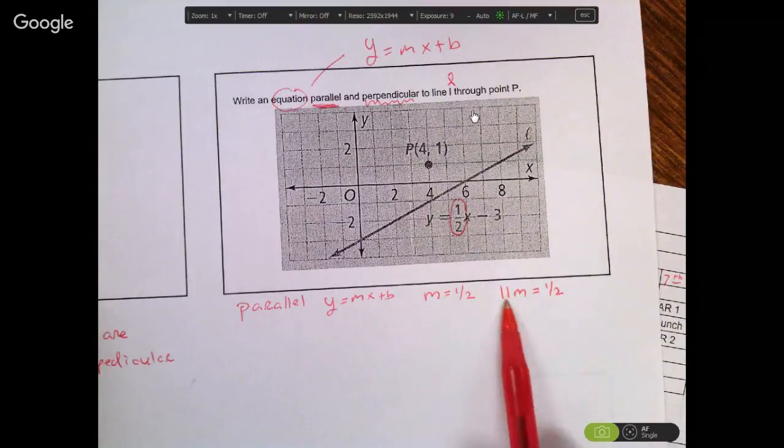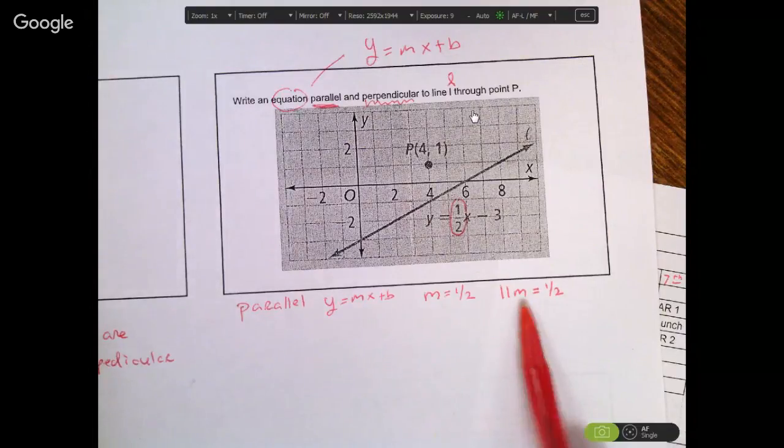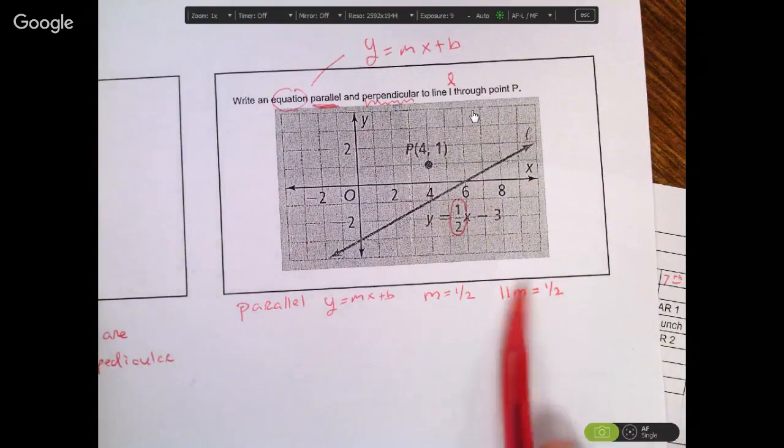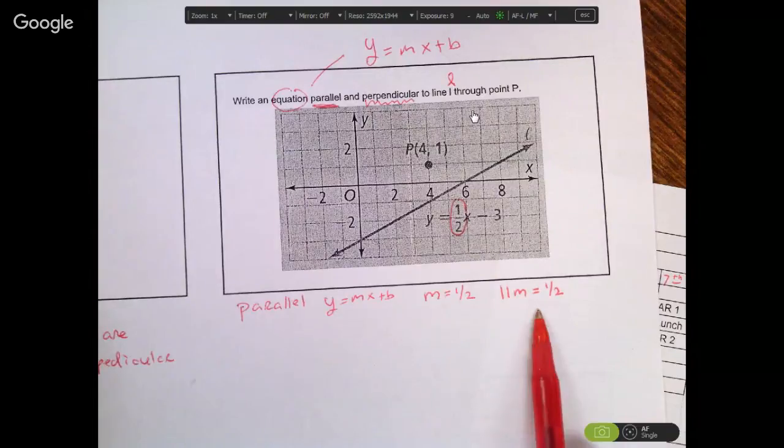What did this little mark mean? No, not m. What does m mean? Somebody read this right here for me. The parallel slope equals 1/2.